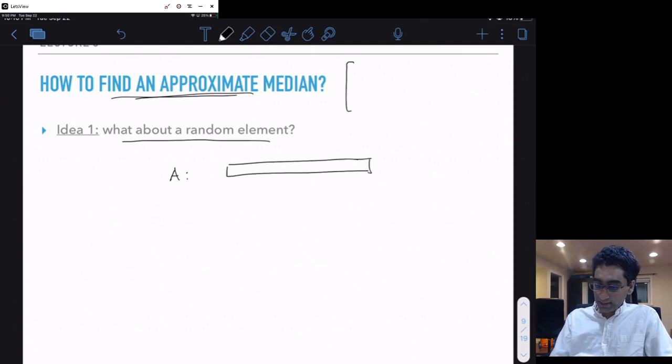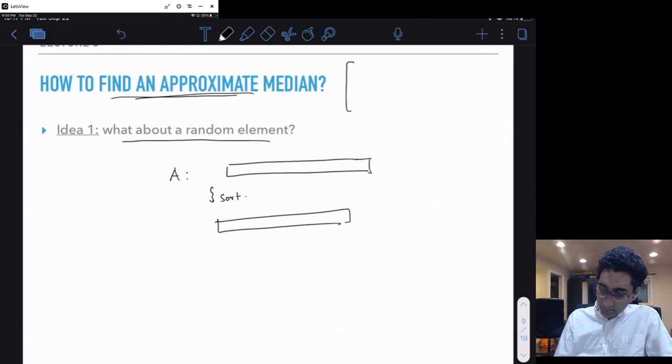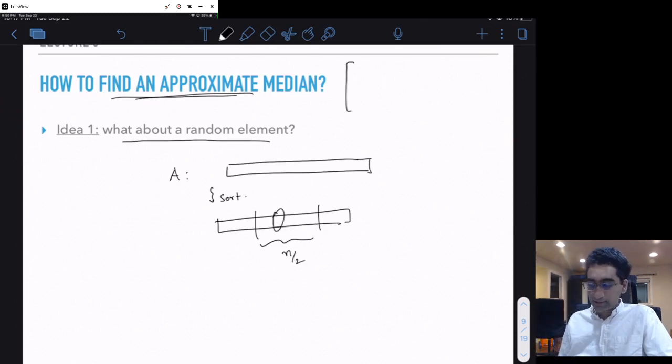Now imagine sorting it, and you get some array which is a sorted version of this. Now I want you to find some element which is in the middle, n by 2. And all I want you to find is one of these elements.